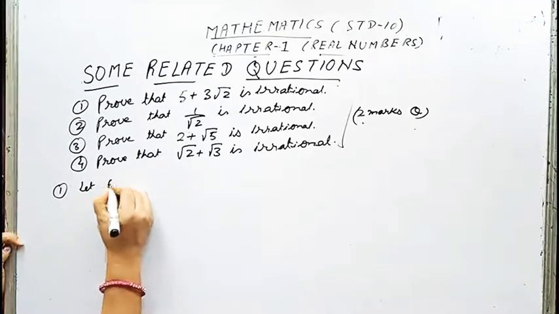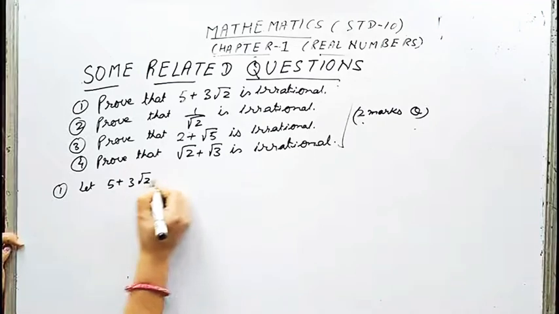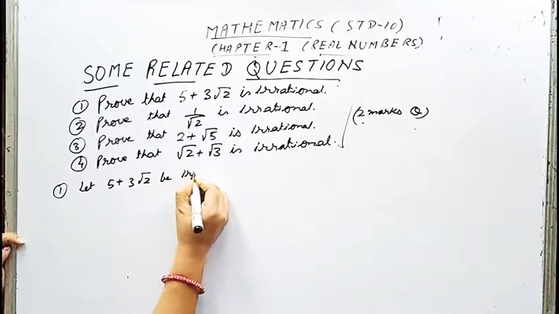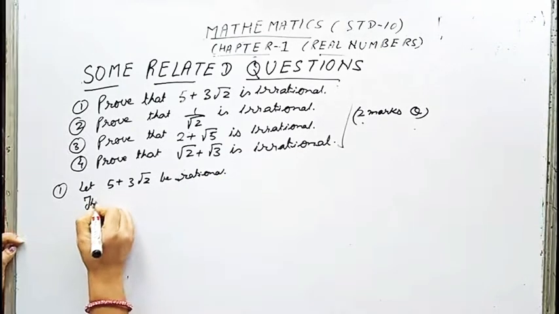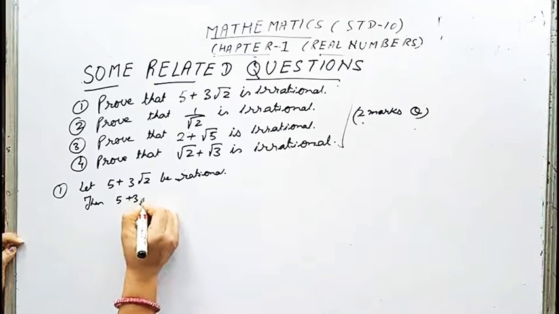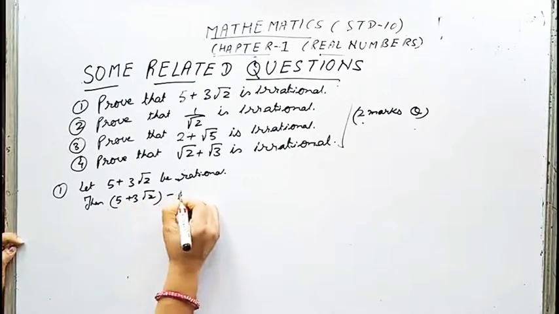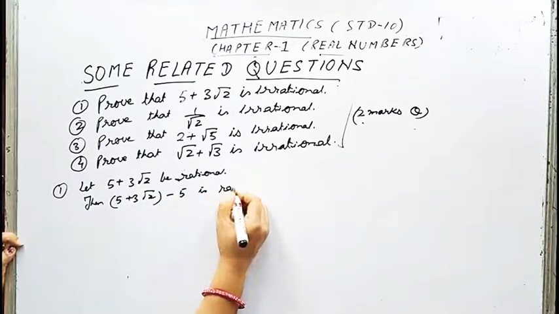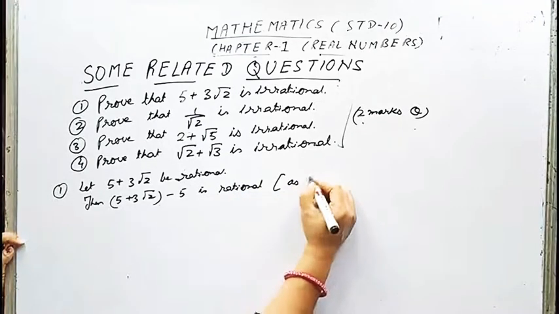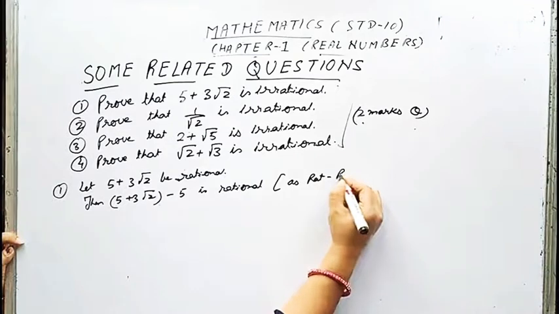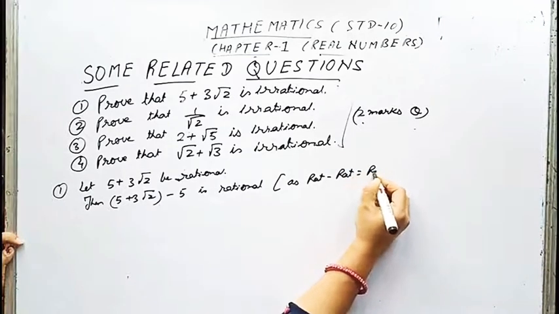Let 5 plus 3 root 2 be rational. Then 5 plus 3 root 2 minus 5 is rational, as rational minus rational equals rational.